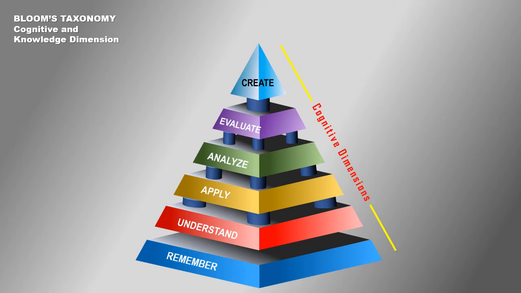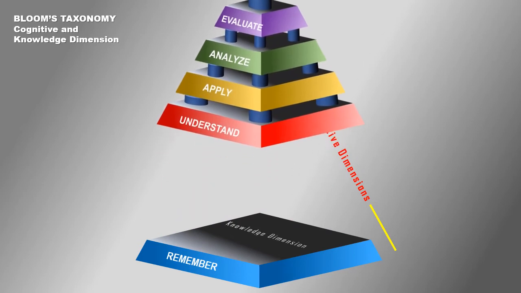But you all know that to be able to remember, you need to remember something, right? And that's where the knowledge dimension plays a role. To be able to remember, you need, as I said, the knowledge dimensions.